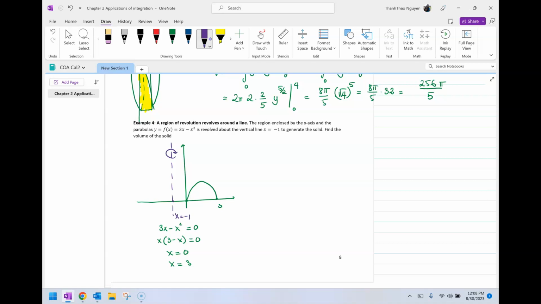So this is our line of rotation. On this side, we get that figure when we rotate this. Okay, so this is the figure that we get.